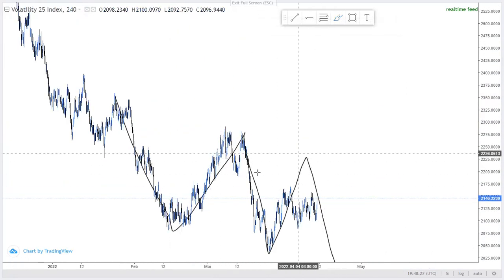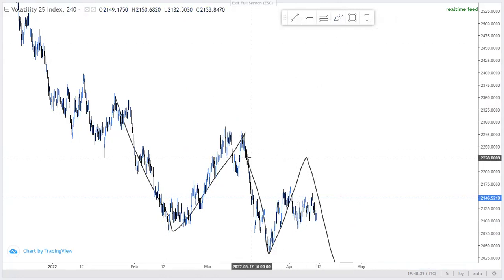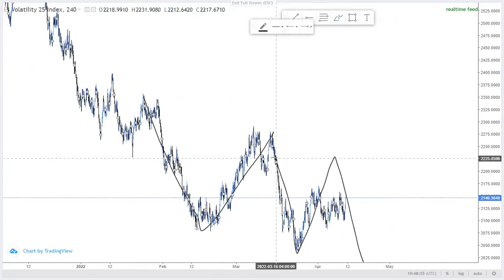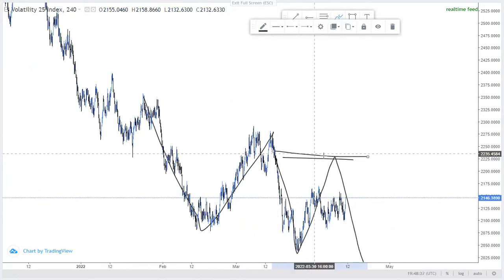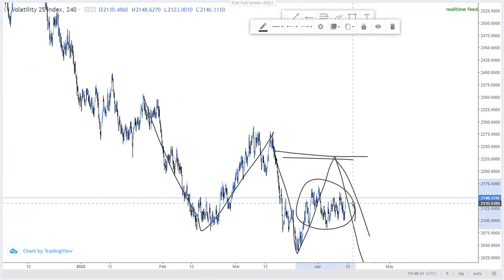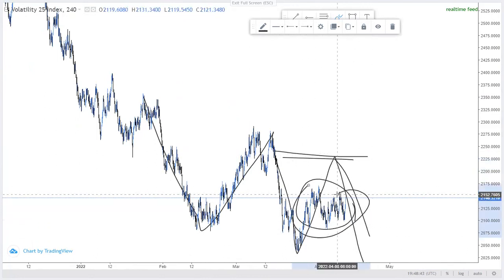Looking at it now like this, from what I've thrown here, I'm trying to show you that we're gonna get to, at some point, these levels and then take sells. But we are here now, so what is going on here? That's what we want to know.